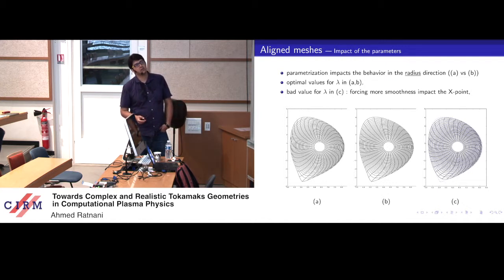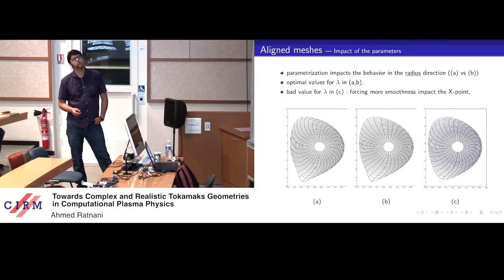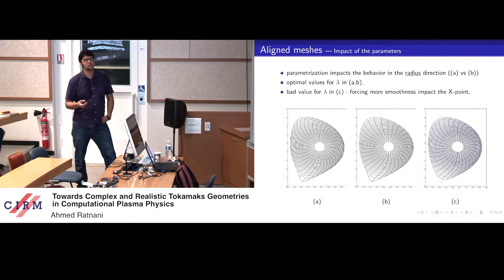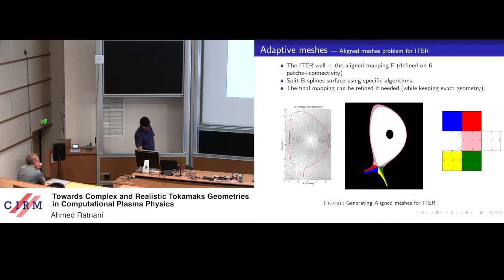As you can see, we don't match all the given points. In order to match the boundary, you have to set boundary conditions on it. It's very easy to do with B-splines. But I just want to show the impact of the parameters that we have in this method.